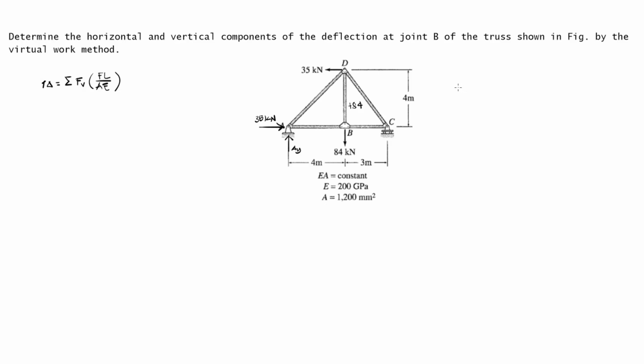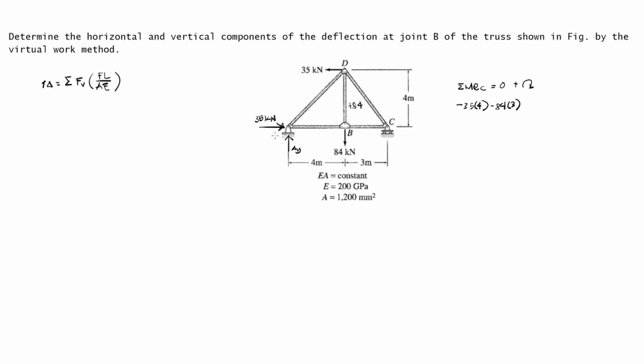Then let's solve AY. Summation of moments at point C is equal to 0, positive clockwise. First the external loadings: negative 35 times 4, and negative 84 times 3.